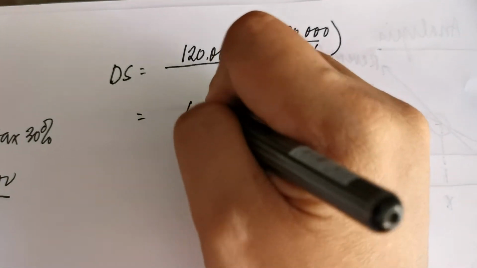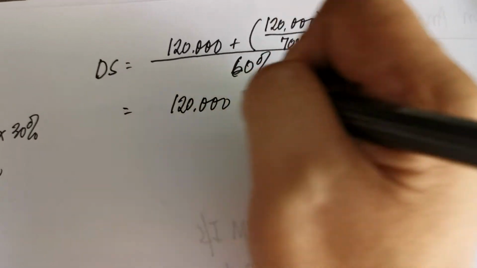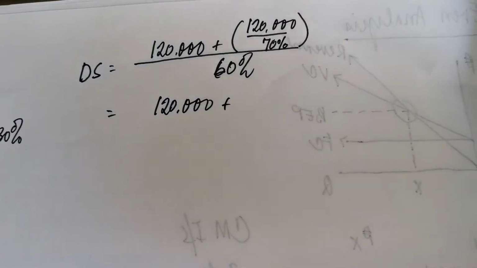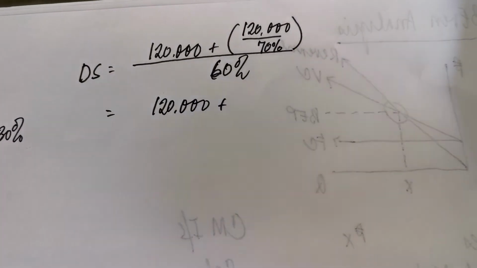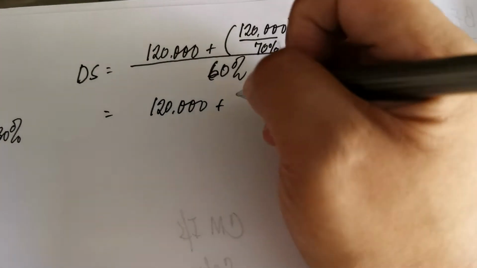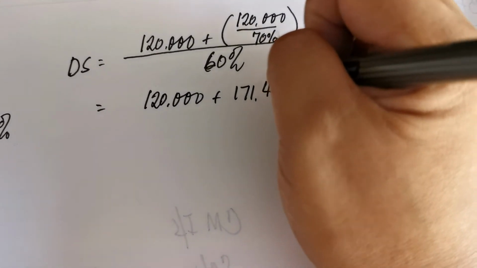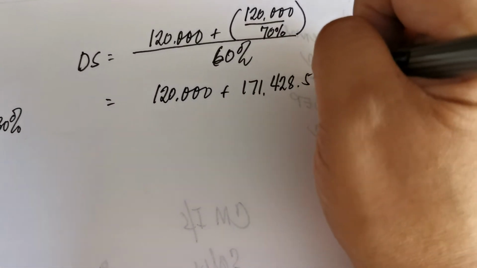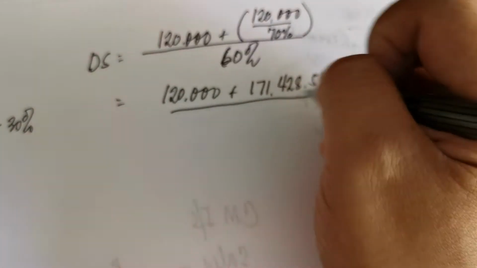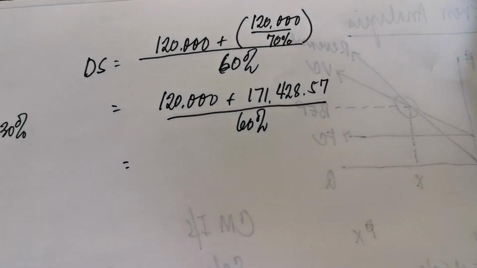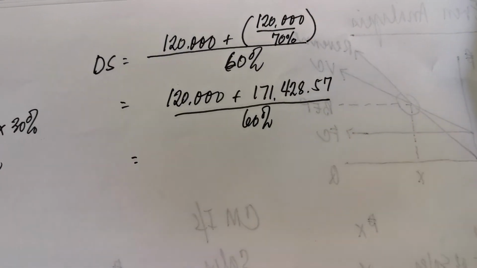So that is 120,000 plus 120,000 divided by 0.7, which is 171,428.57, plus 120,000.